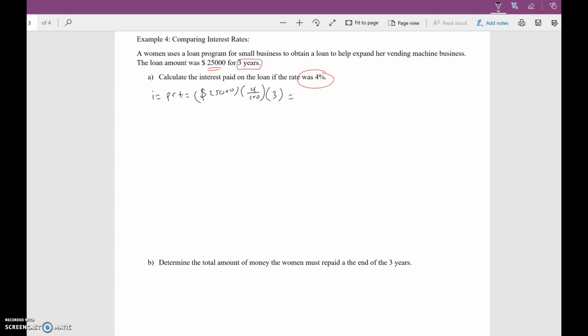Please evaluate that one. And I'm getting that this is a total of $3,000. So the total interest is equal to $3,000.